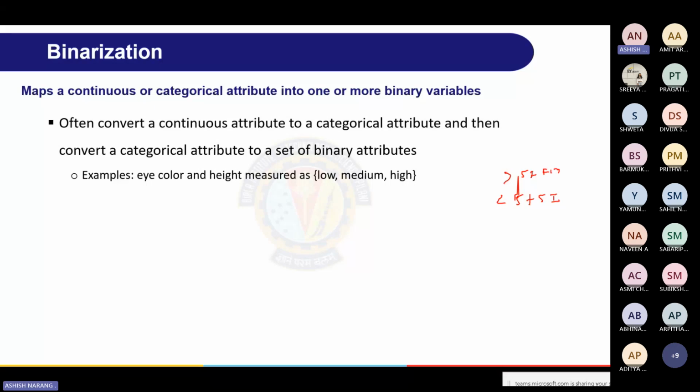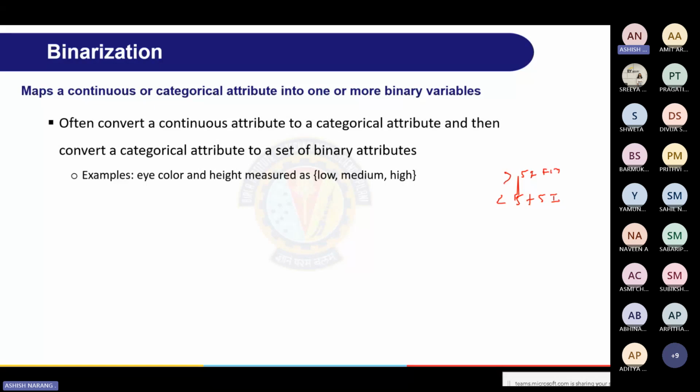Similarly, I can convert a categorical variable into two. Let's say there are a lot of categorical values. I can convert it into two, yes or no kind of a thing, right? So that is binarization. We often convert a continuous or a categorical attribute into a set of binary attributes, right?